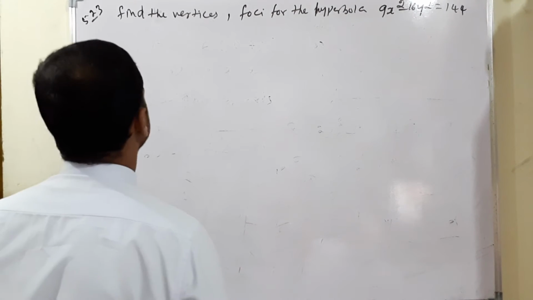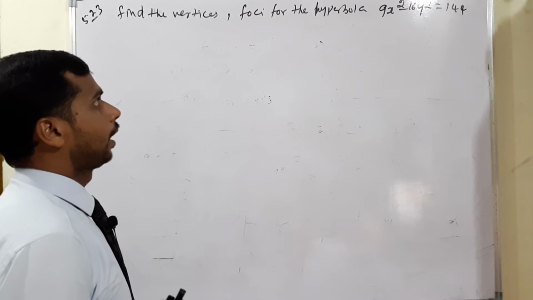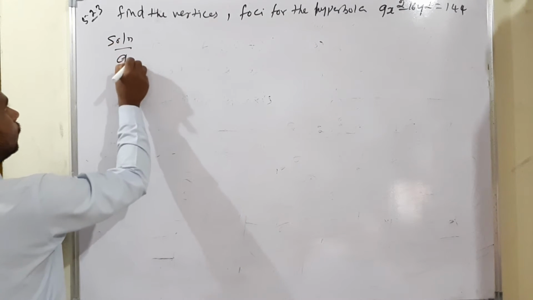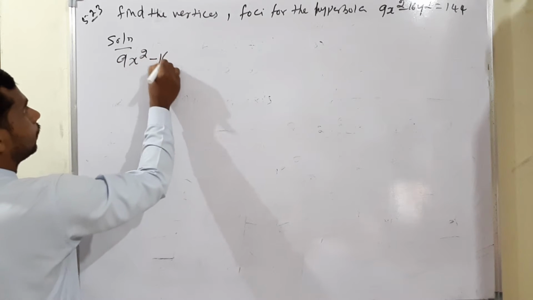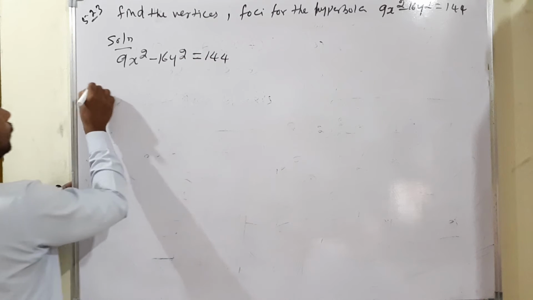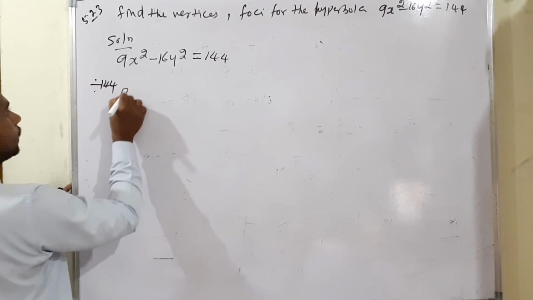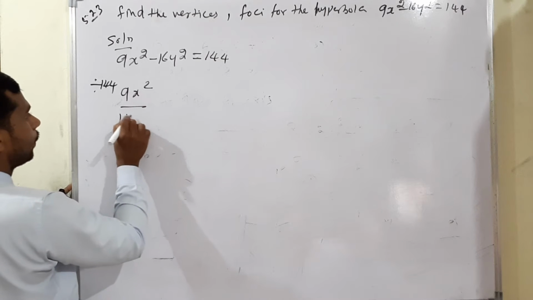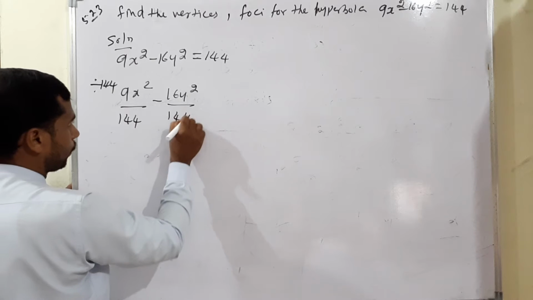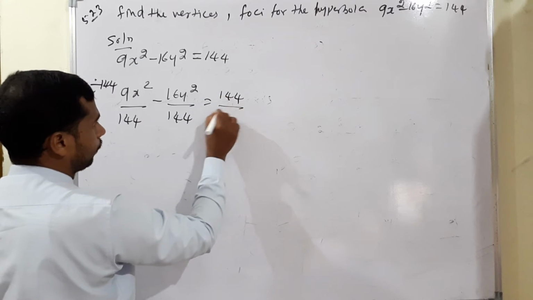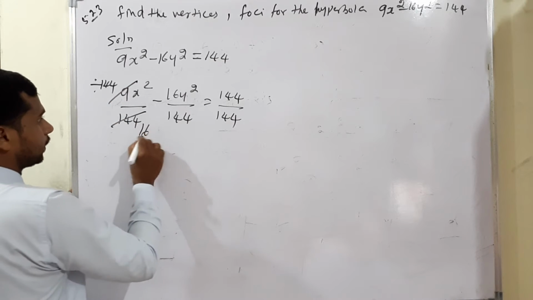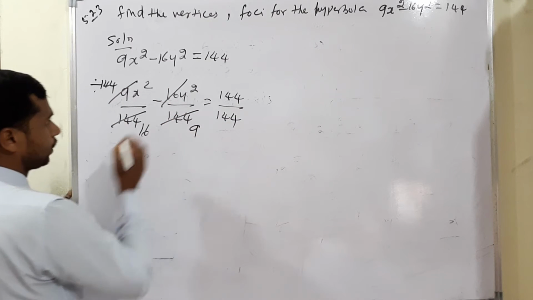Example 5.23, find the vertices and foci for the hyperbola. Given equation, solution: 9x square minus 16y square is equal to 144. Dividing by 144, 9x square divided by 144 minus 16y square divided by 144 is equal to 144 divided by 144. 9 and 144 means 16 times, again 16 and 144 means 9 times.